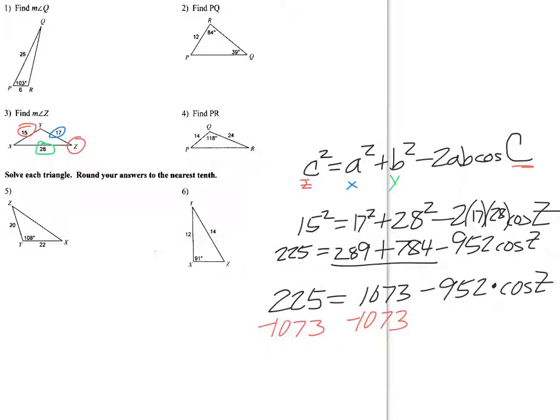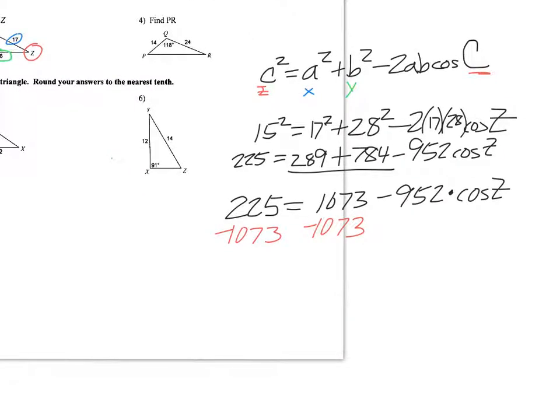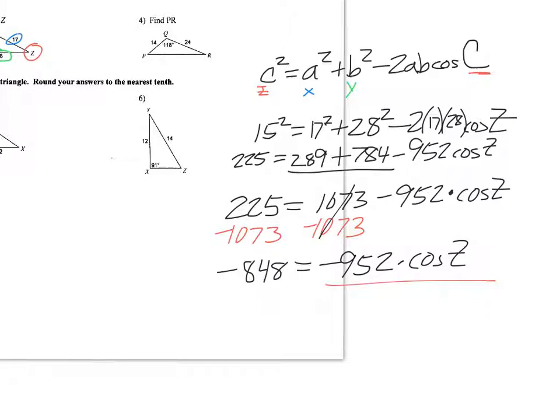So you're going to see there's a lot of work you have to do for these, a lot of steps in the problem. So I subtract 225 minus 1073. That's negative 848 equals negative 952 times cosine Z. So now I have to divide by negative 952.